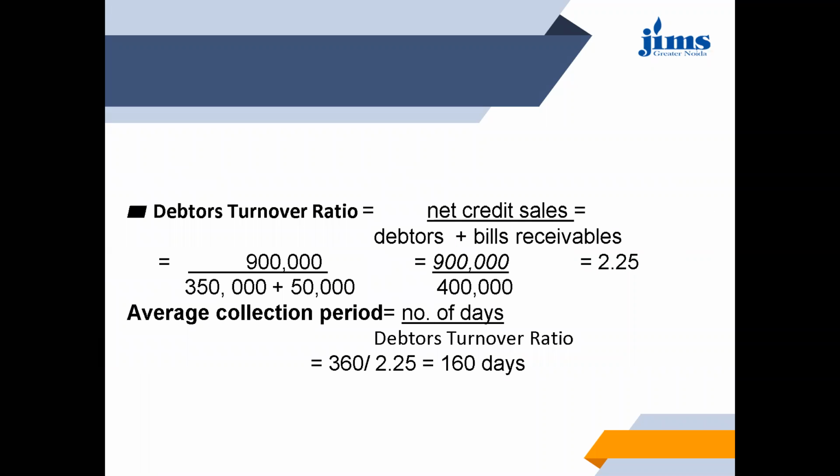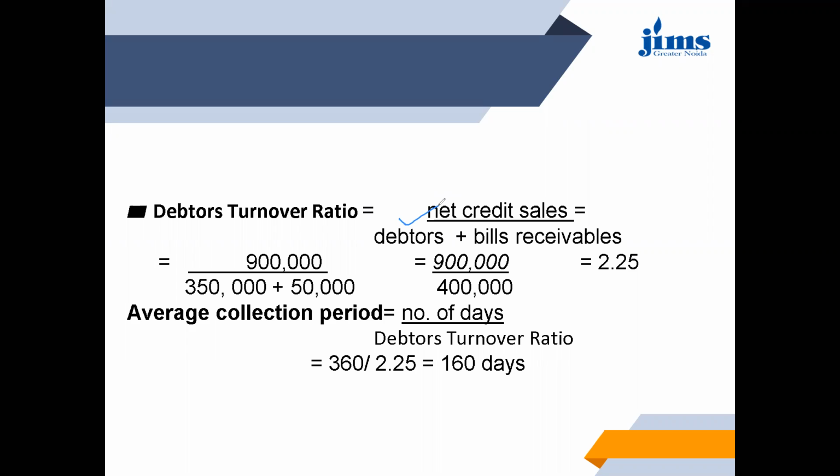Next, we can calculate the debtors turnover ratio. The formula to calculate debtors turnover ratio is net credit sales upon average debtors plus average receivables. Now, in the question, we have been given sales as 15 lakh and 40% cash sales. That means the remaining 60% is the credit sale.